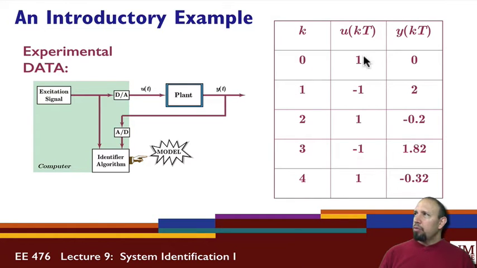We apply this to a system, and out comes this data, where k is the time variable. We're only choosing 5 values, so it's not a lot of data, but it helps you see the process we're going to go through. So here's the data that we get.